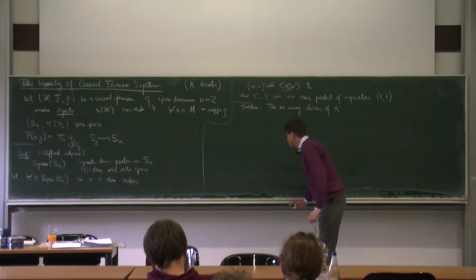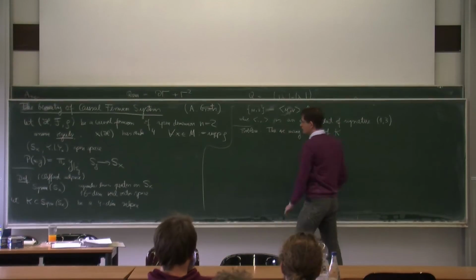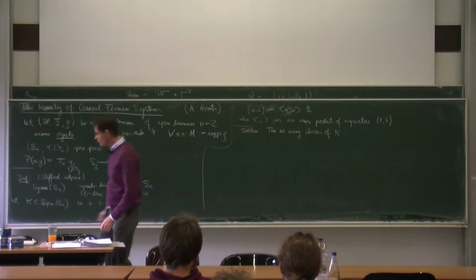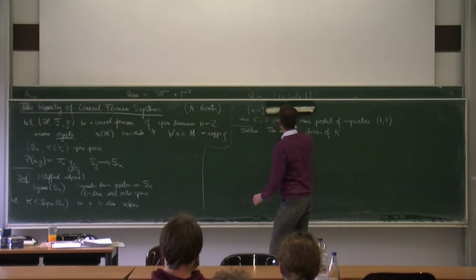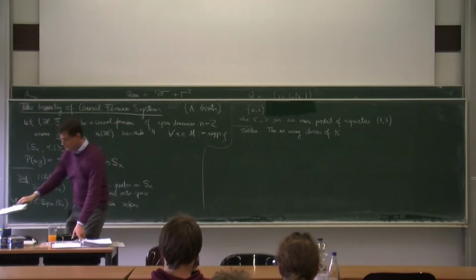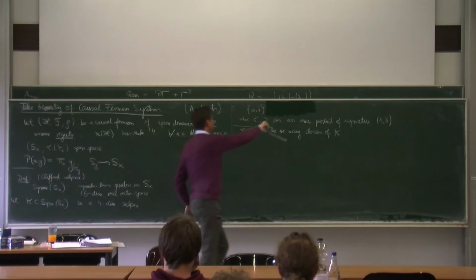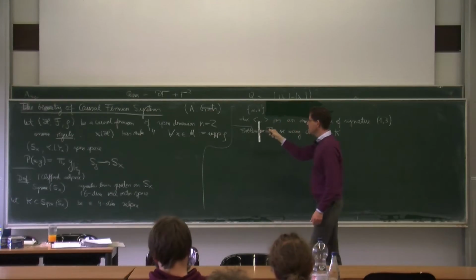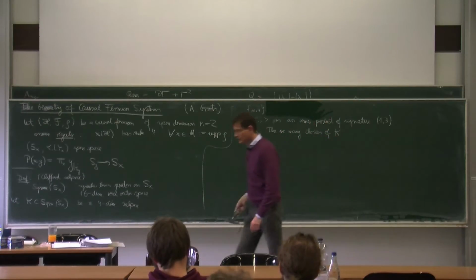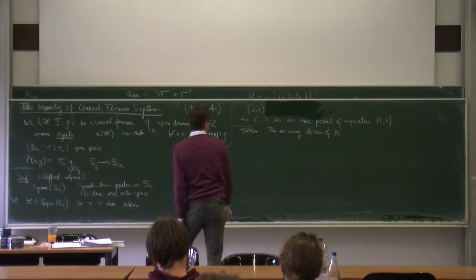Well, maybe I should have written this down a little bit differently. The definition is that the anti-commutator of U and V is a multiple of the identity matrix for all U and V in K. And then we can use this anti-commutator to define the inner product.